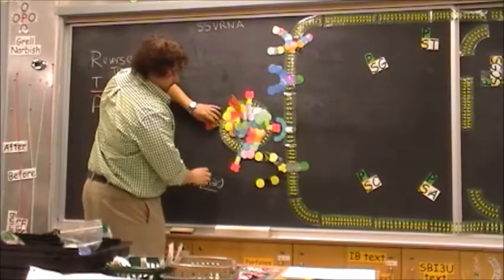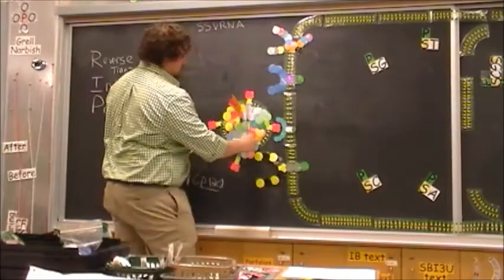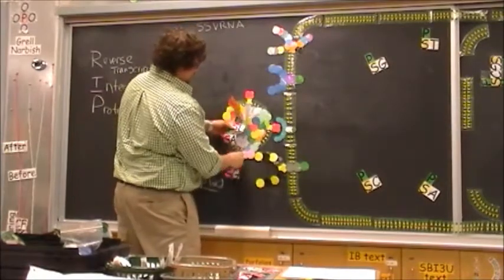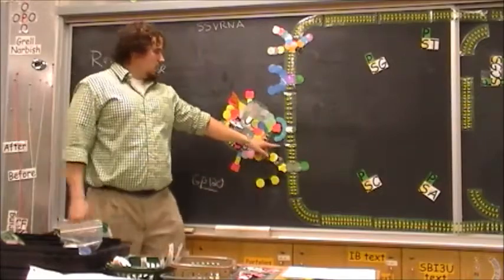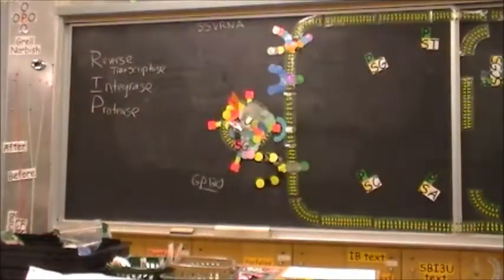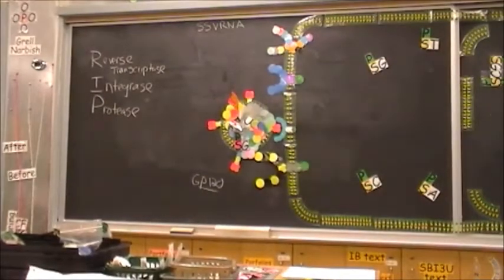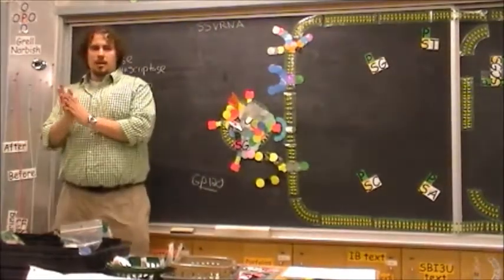Oh no, lost my virus. Viral RNA. So it fits, we're calling this glycoprotein receptor. So the GP120 fits into the glycoprotein receptor on the T helper cell.